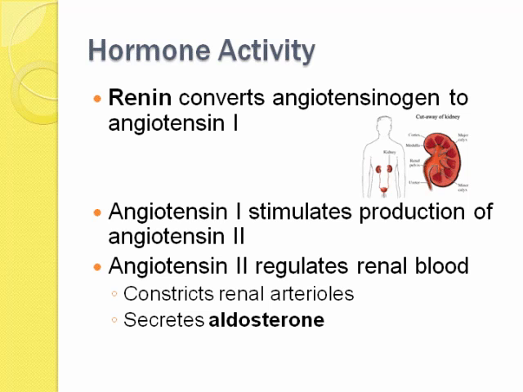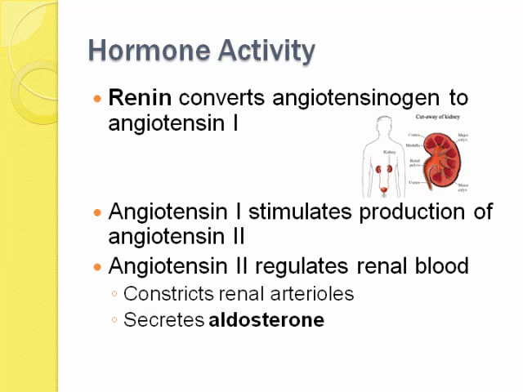I'm going to talk a little bit now about some hormone activities that are associated with the kidney system. The renin-angiotensin-aldosterone axis. Renin is secreted by the juxtaglomerular apparatus of the kidneys and catalyzes the conversion of angiotensinogen to angiotensin 1.